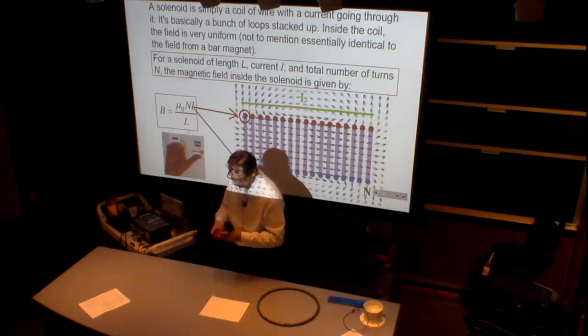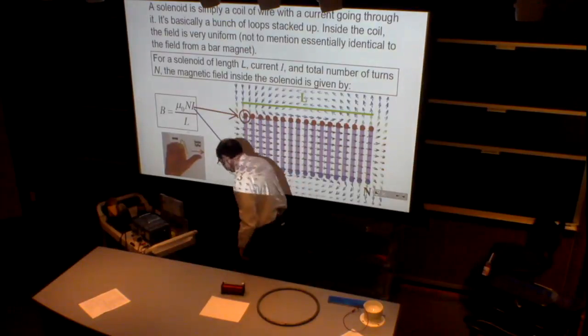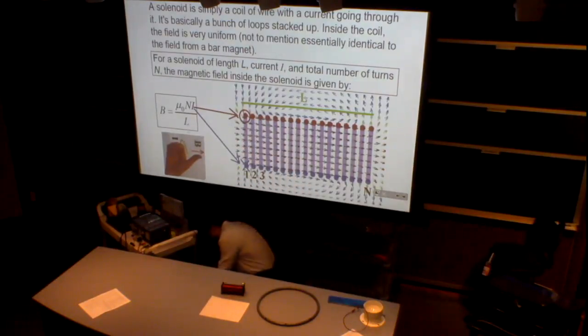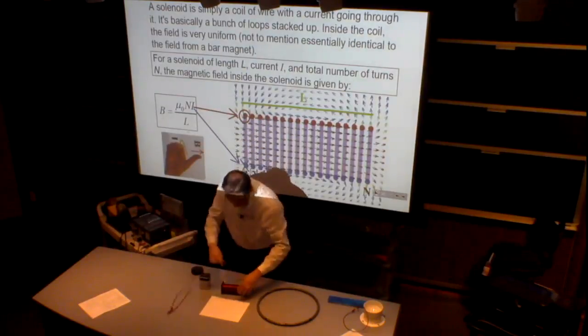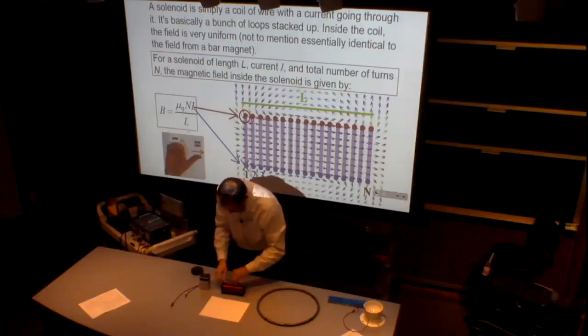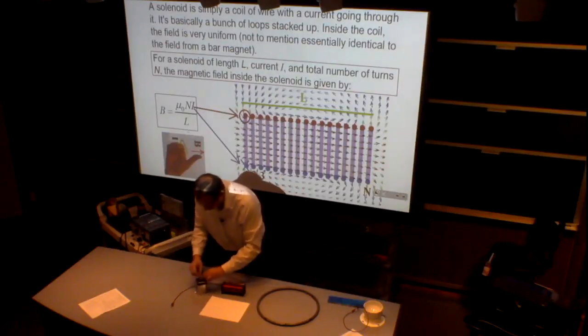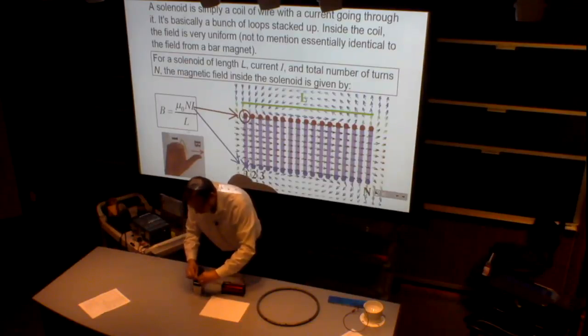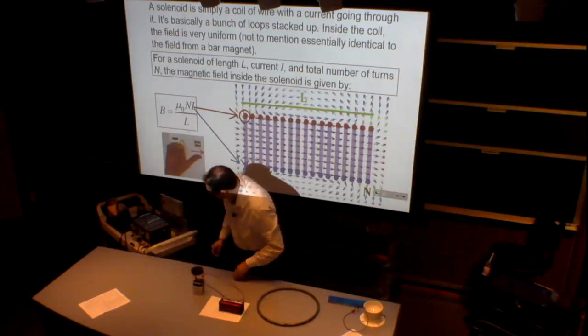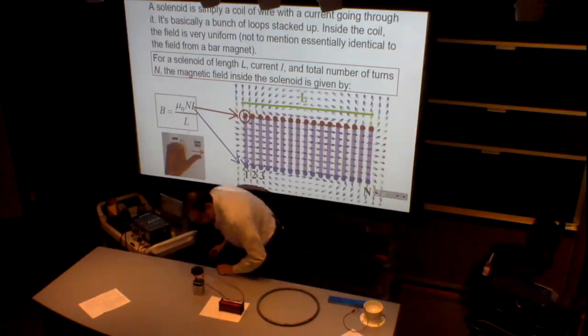That's what's good about it. But it's not very strong, unfortunately, because even if we have many loops, still, the coefficient 10 to the negative 7th makes the magnetic field very weak, much actually weaker than the electric field.